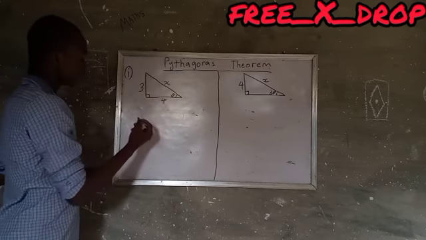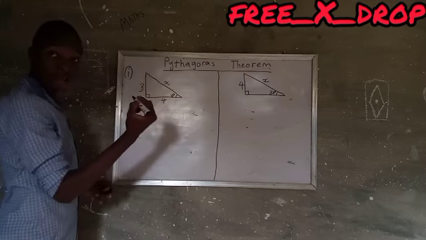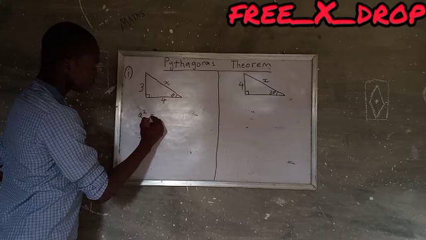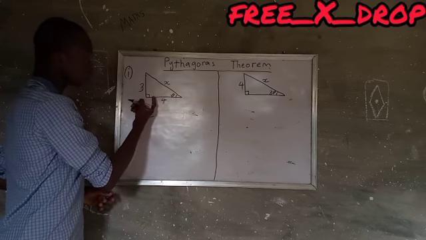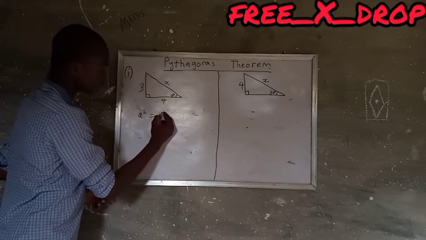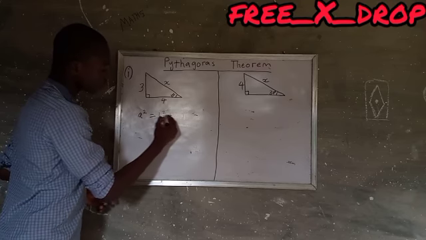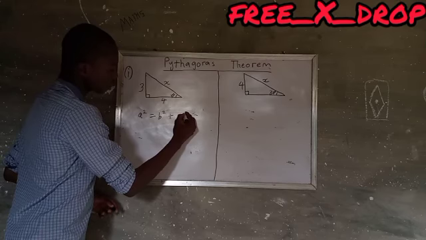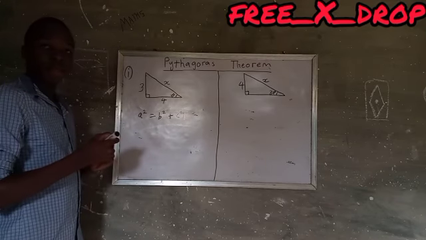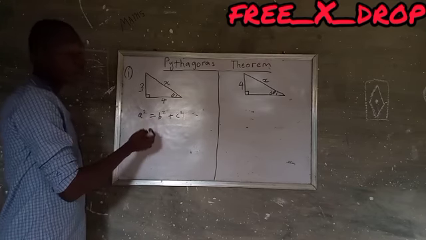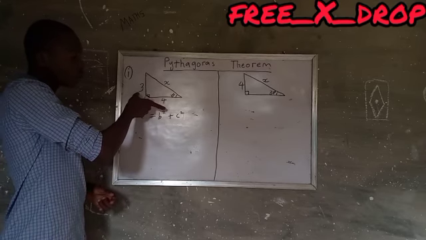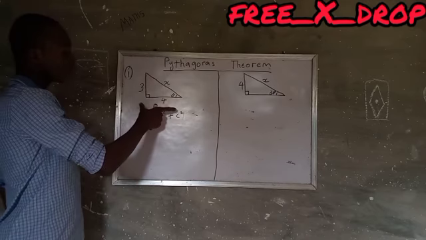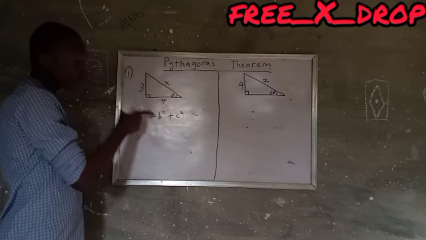The hypotenuse, which I gave you as a square, equal to the opposite, which is b square, plus the adjacent, which is c square. This was the formula I told you to apply when two sides are known and you are looking for one. Now let's push what they gave us into the formula so we can solve.